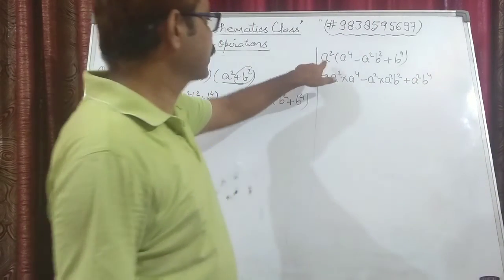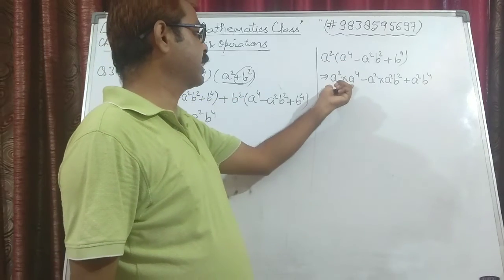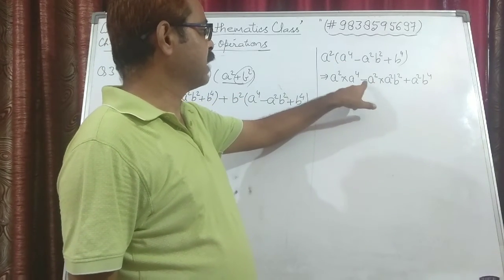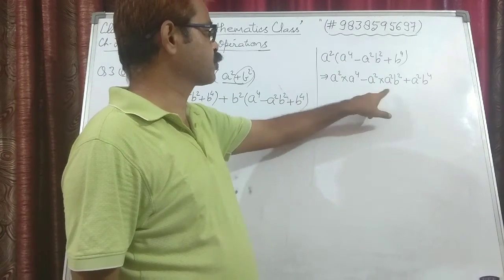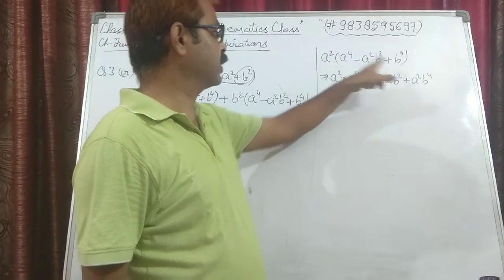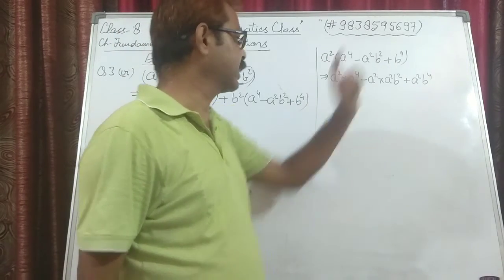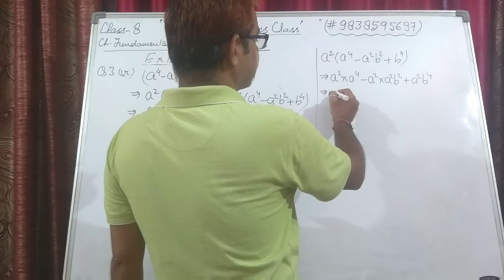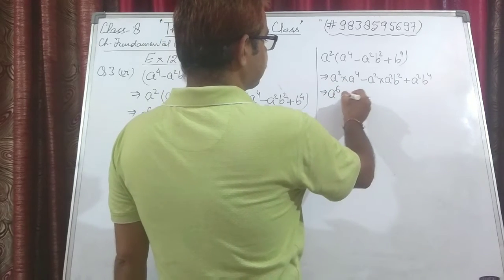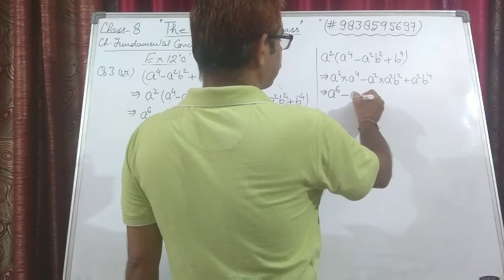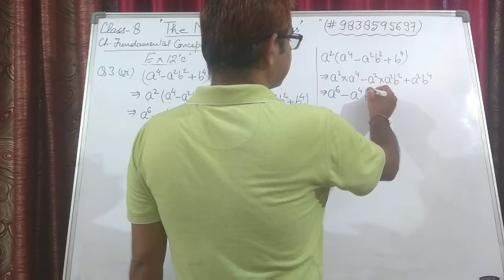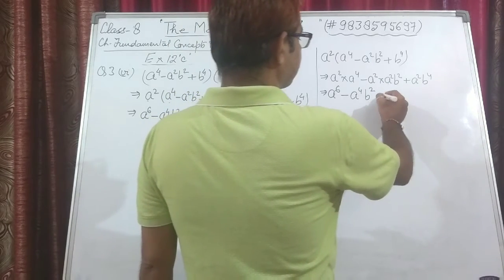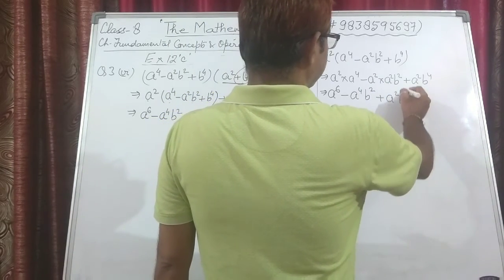What I did, a square multiplied to a to the power 4, we are getting this. Then minus a square and a square b square, so we are getting this, and a square multiplied by plus b to the power 4, we are getting this. Now we know when the bases are equal, the powers get added. So 4 and 2 will get 6, directly a to the power 6, minus a square and a square will become a to the power 4, and b is different, so b square, and then plus a square b to the power 4.